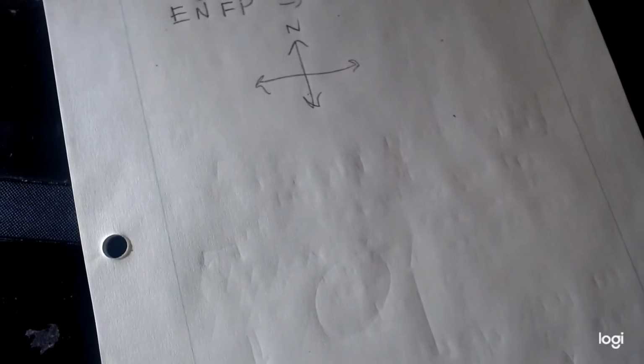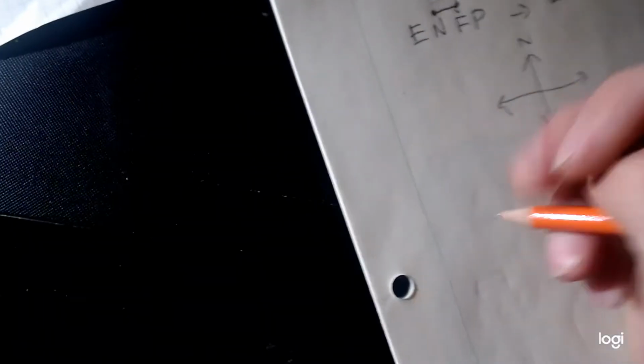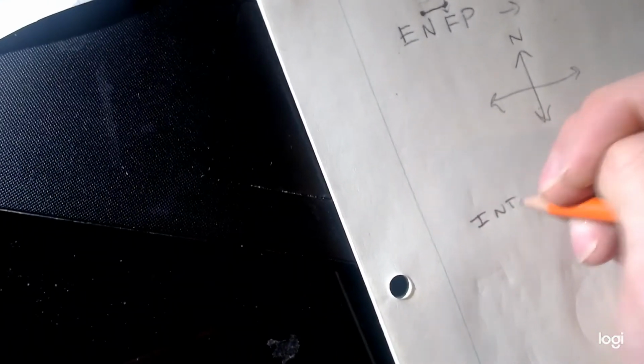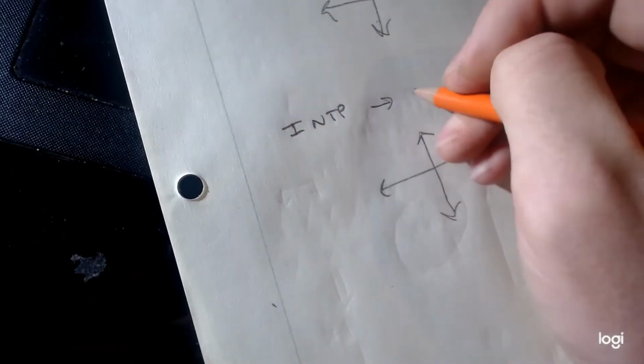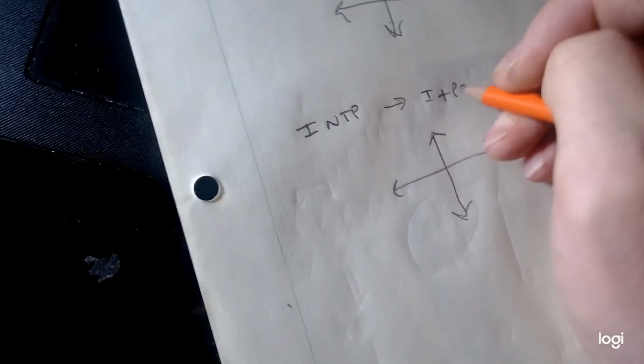So F3, we have, nope. So INTP would be an odd, okay? So INTP, here's the two examples. So in this case, we have I plus P is 1 plus 2 is 3.